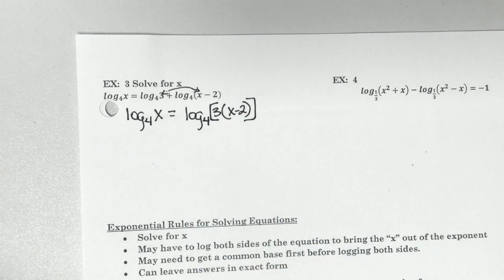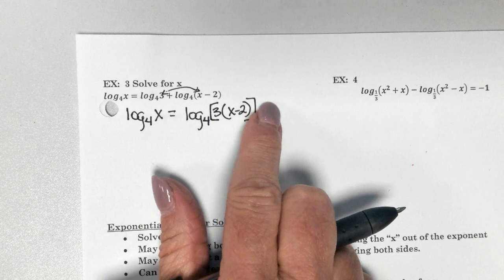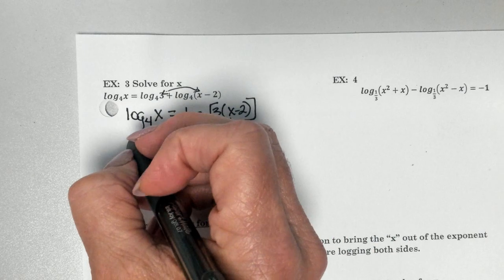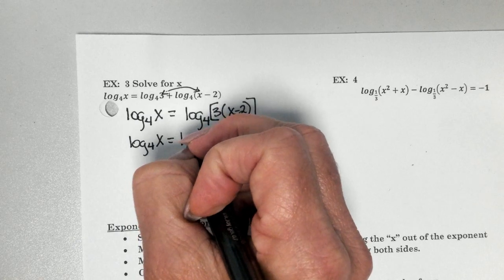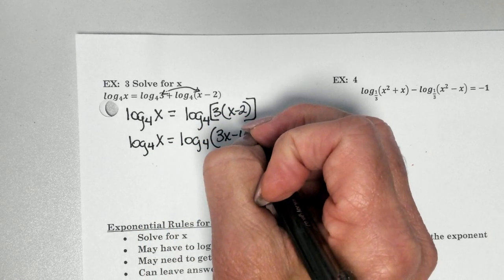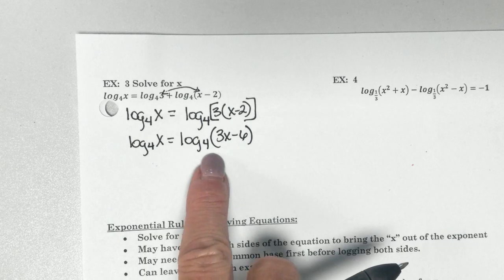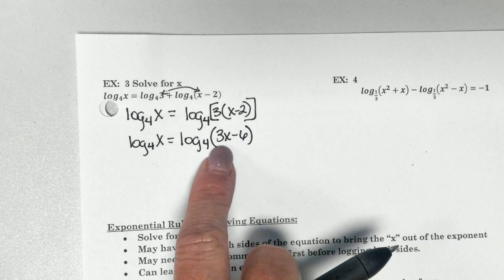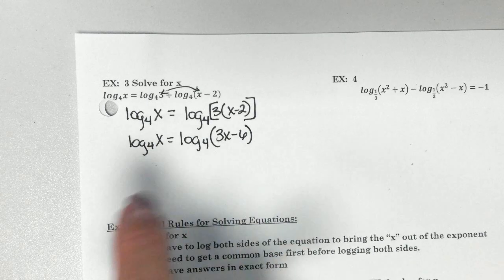So I'm going to put brackets around that so as not to lose anything. Now, I can simplify that by distributing the 3. So that's log base 4 of x is equal to log base 4 of 3x minus 6. Again, I'm going to group that because it could very easily get mistaken to be the log base 4 of 3x minus a 6, that it's not a part of the log. But it is a part of the log, so we want to group it in there.